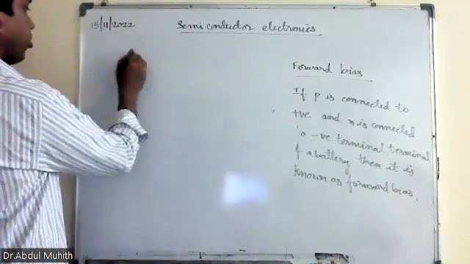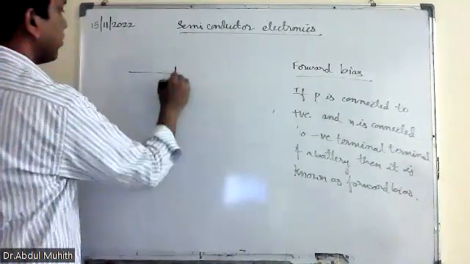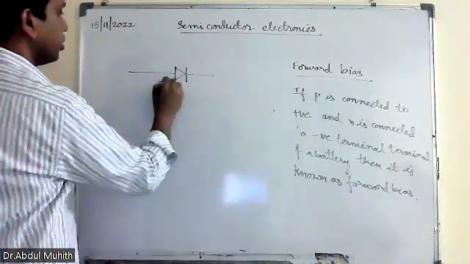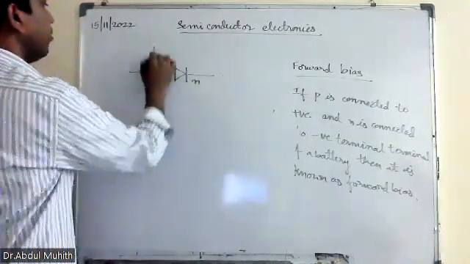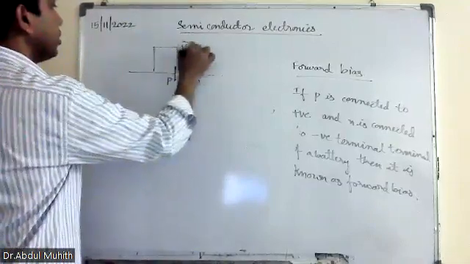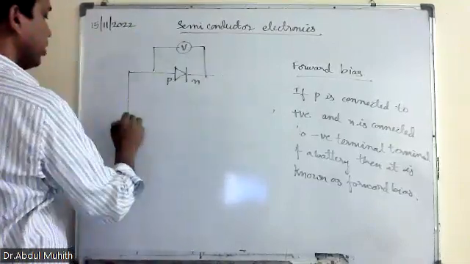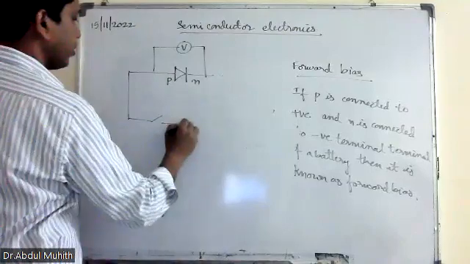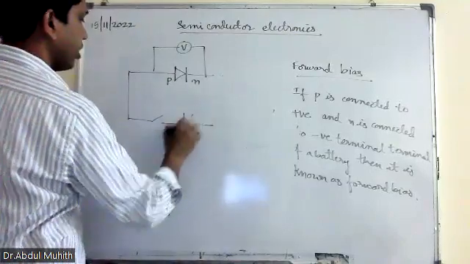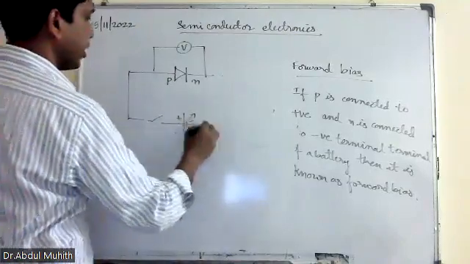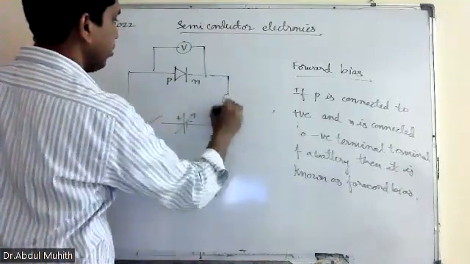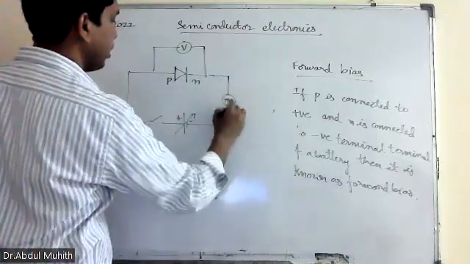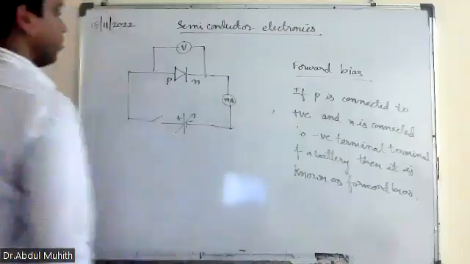So what happens here in forward bias? This is the symbol of the diode. This is P and this is N. Now this is voltage. This is a switch, and this is a variable battery, positive, negative. And here we have a milliammeter.